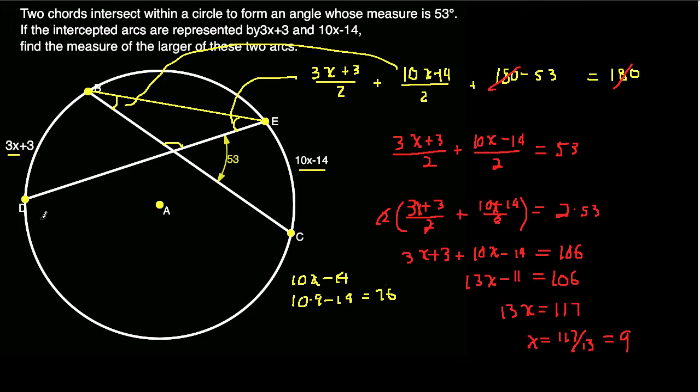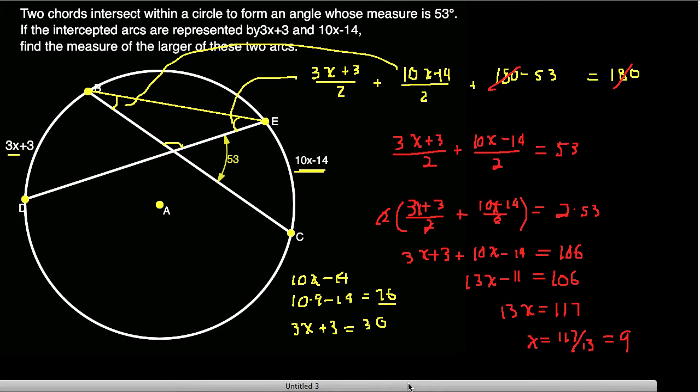Now this angle is 3x plus 3, which is 30. So it looks like this is the larger angle, 10x minus 14, and this equals 76.